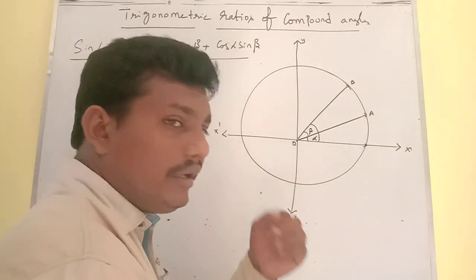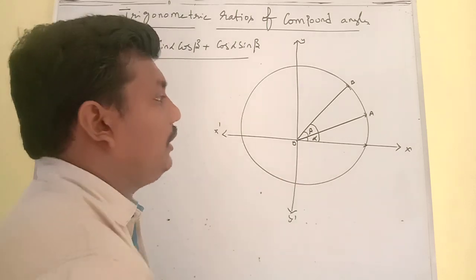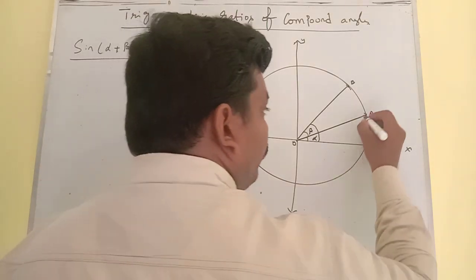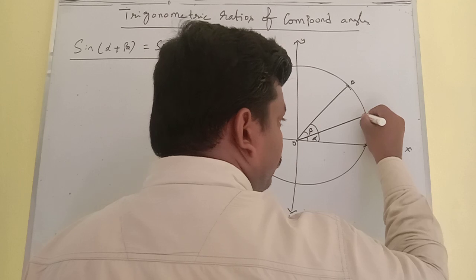To find any trigonometric ratio, we need a right angle triangle. That is why we draw a perpendicular from A to the x-axis, and from B to the x-axis.